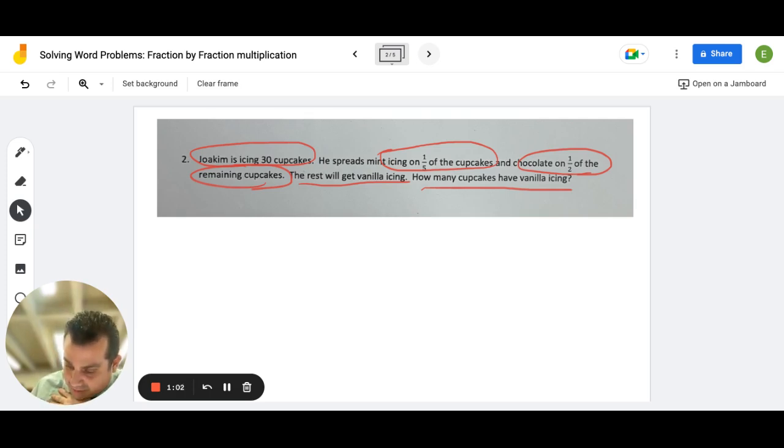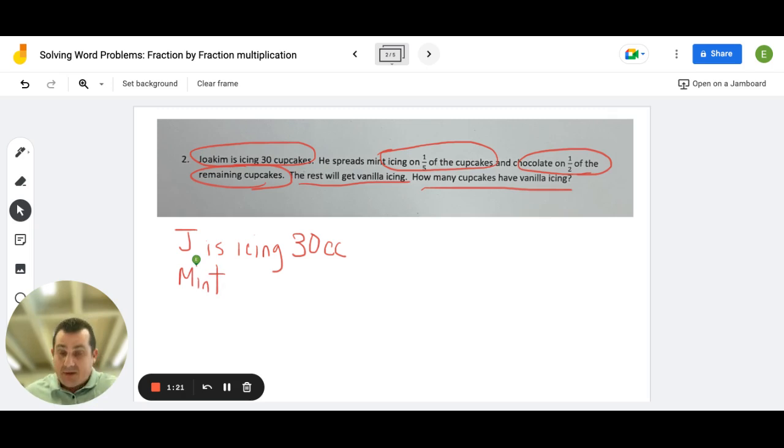So I have to annotate first that Joachim is icing 30. And I could write 30 cupcakes, right? He does mint on 1/5 of the cupcakes. So I write that down, mint, 1/5, okay?